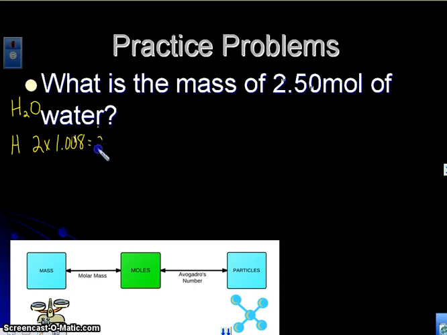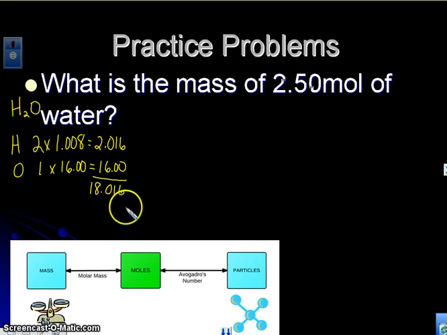And that's going to give us 2.016. For oxygen, we have 1 oxygen, and the molar mass of oxygen is 16.00, and that gives me a total of 16. And when I add those together, it's 18.016. That is the number of grams in 1 mole of water.